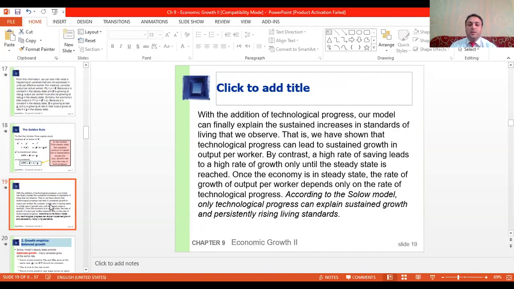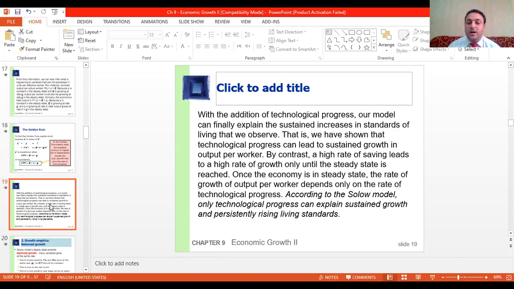So finally, with the addition of technological progress, besides the capital and the labor force, we can explain the sustained increases in the standard of living that we observe. That is, we have shown that technological progress can lead to sustained growth in output per worker.